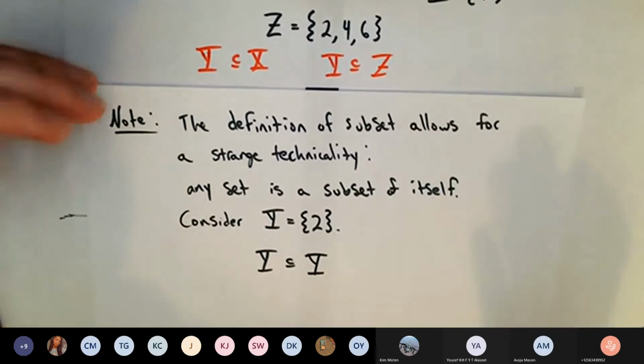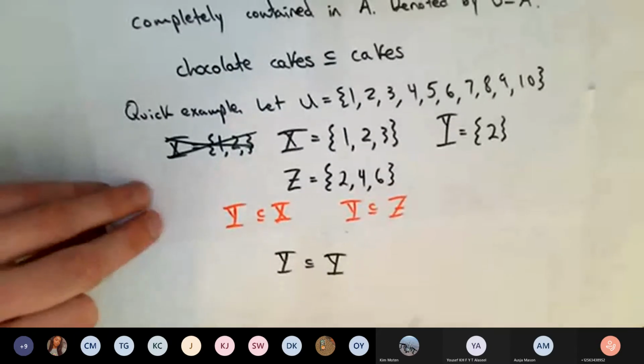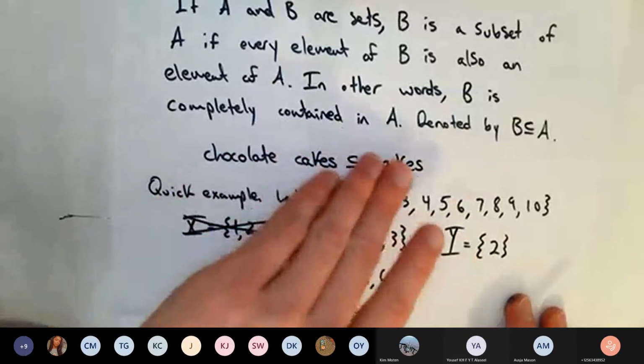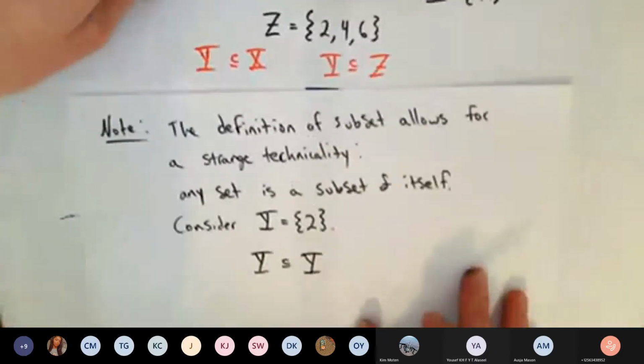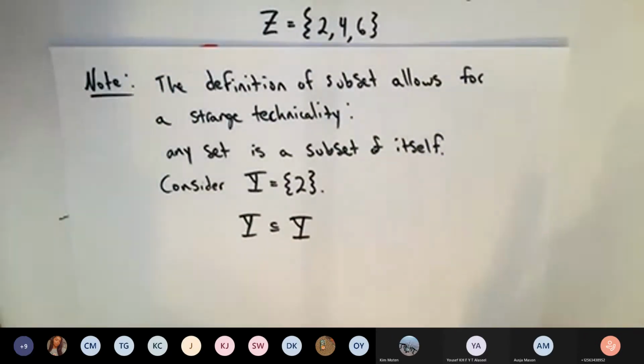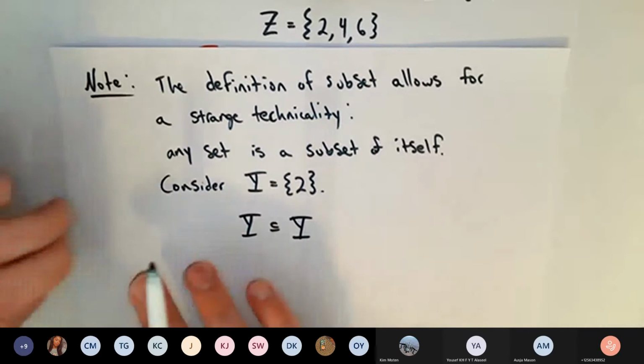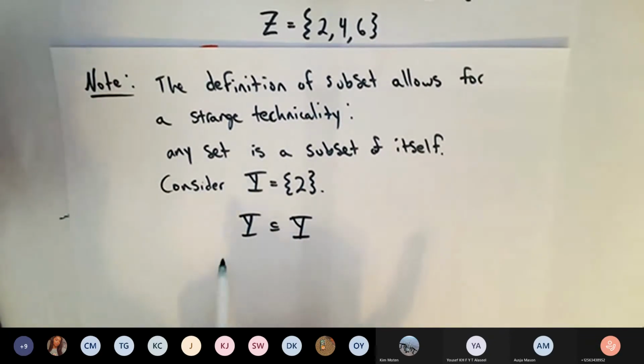Yes, it is, because the definition of subset says that if A and B are sets, basically, the set should be completely contained in the other set. But Y completely contains itself. It's just a little technicality. It's kind of meaningless almost, but it is a technicality. Yes, any set is a subset of itself. So given any set, you can say A is a subset of A, or in this case, Y is a subset of Y. I don't even have to define the set for you. I can just say, given some arbitrary set, A is a subset of A.